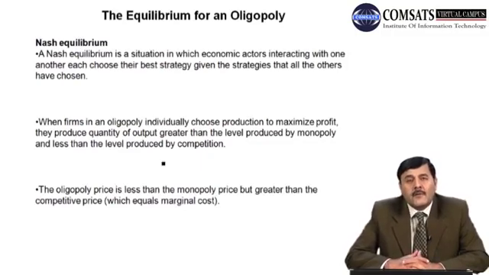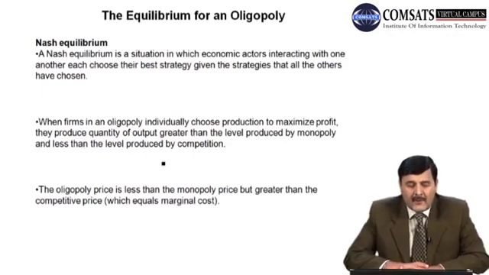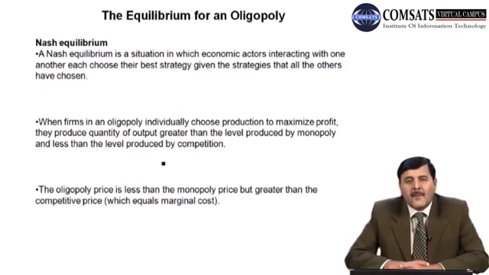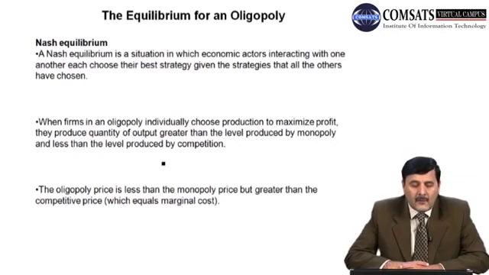So that sort of situation is known as the Nash equilibrium. इसको अभी हम डिटेल में आगे एग्जांपल से एक्सप्लेन करेंगे कि what is the Nash equilibrium, how firms can attain or come to the Nash equilibrium.